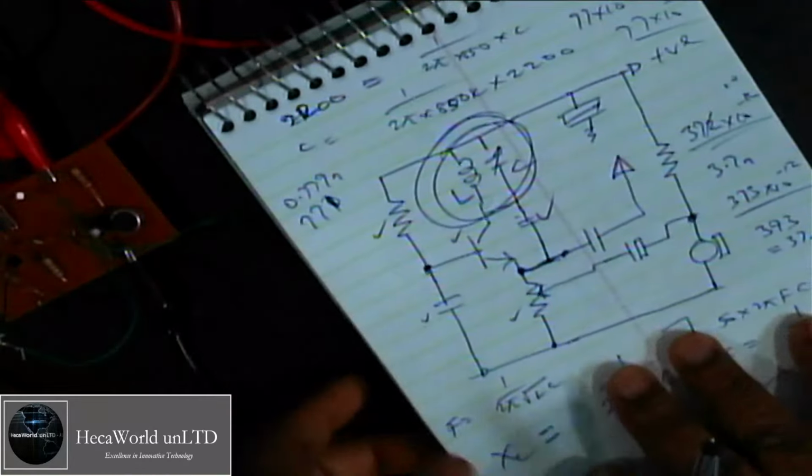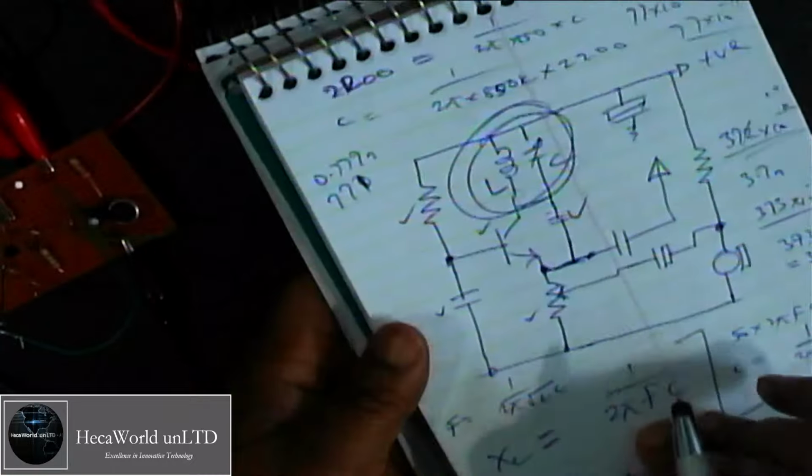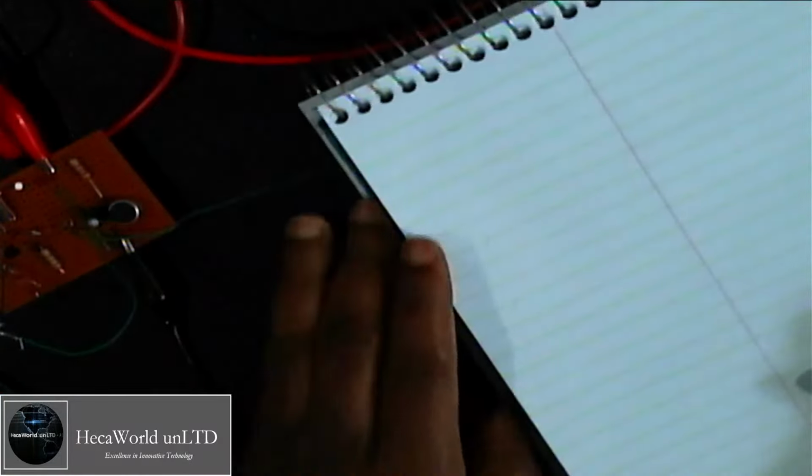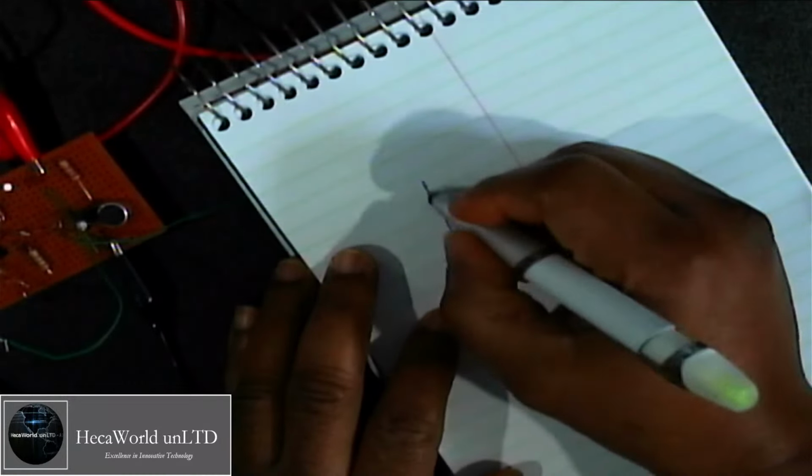Now, how do you build a transmitter? To build a transmitter, you need an oscillator. To build an oscillator, you need an amplifier. So let me show you the basic diagram of an oscillator.